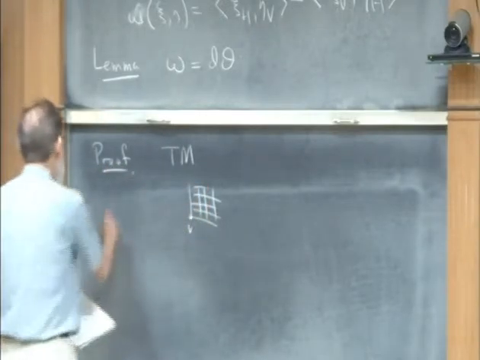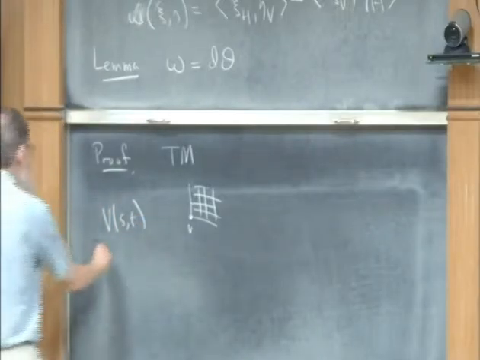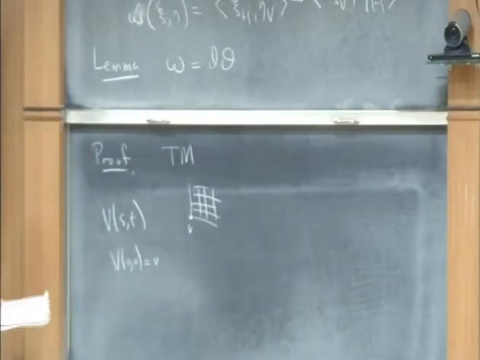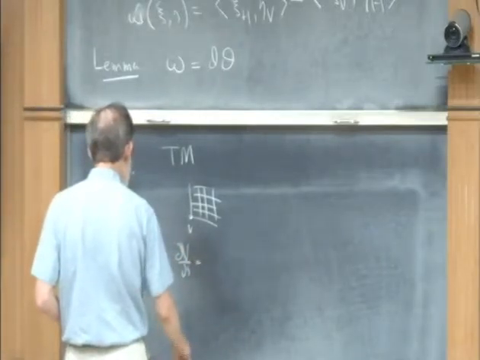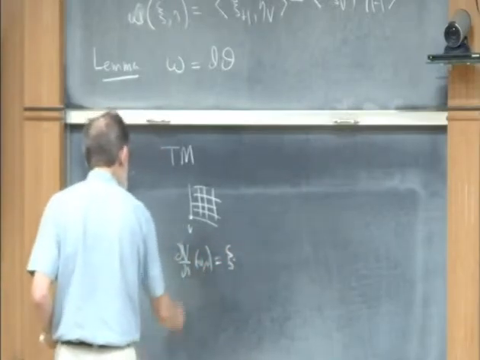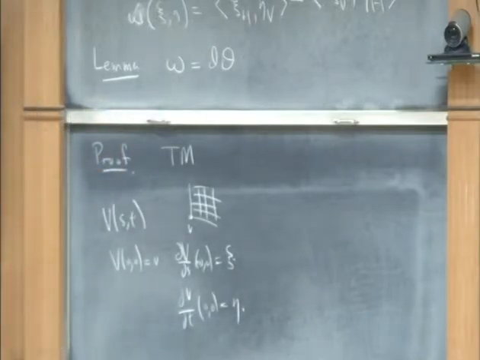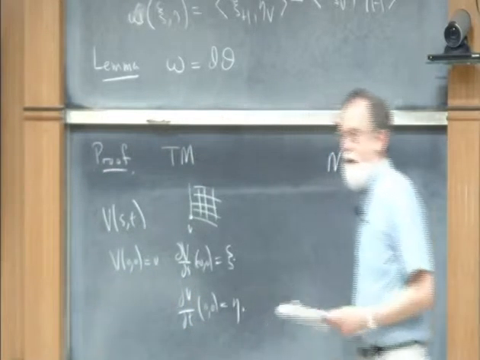So I will have v of s,t, and v of 0,0 is little v, and dv/ds at 0,0 is going to be xi, dv/dt at 0,0 is going to be eta. And then there's a picture of the same thing in E.